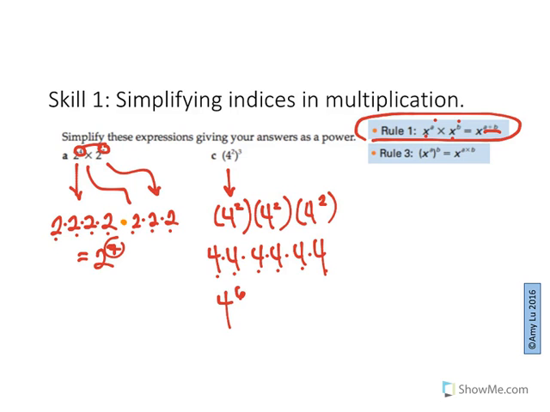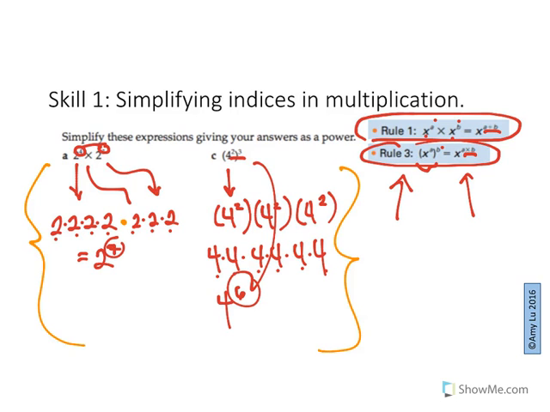This illustrates the rule right here, where if you have something in a bracket and then an indice on the outside, you actually multiply the two powers together. So 2 times 3 makes 6. Of course, if you cannot remember these rules, by simply understanding the concept of expanding and what these things mean, you will get the same answer.